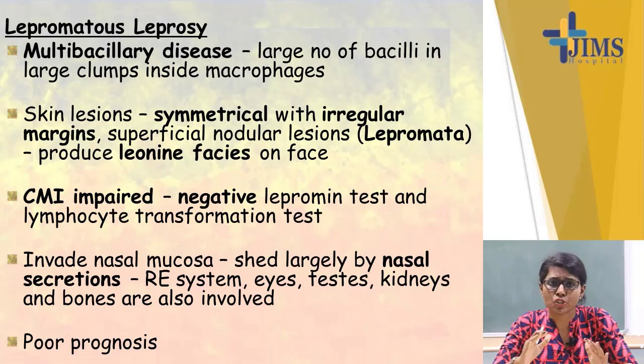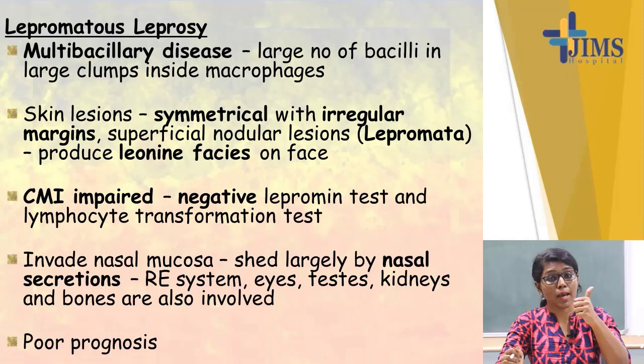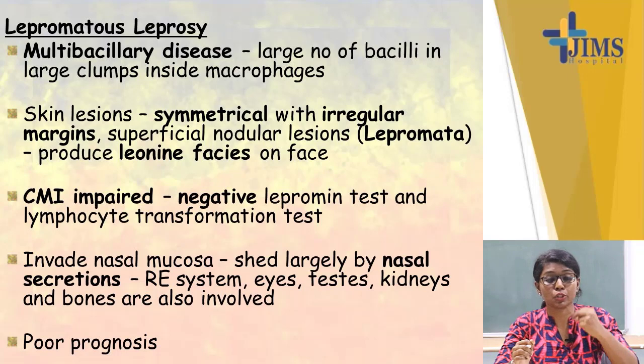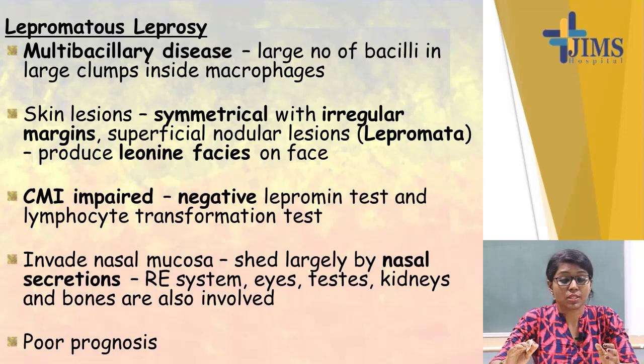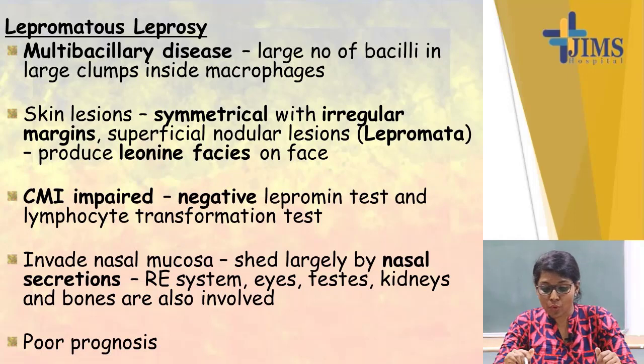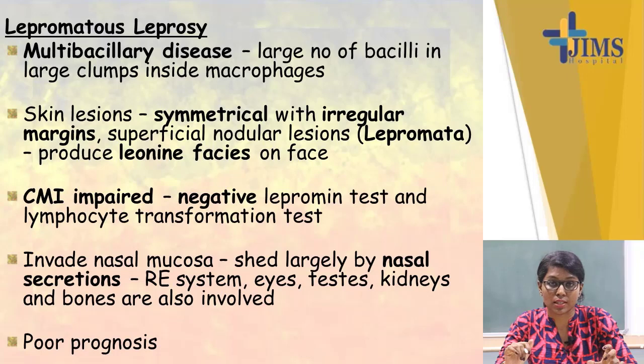Moreover, what is the characteristic feature of the skin lesions in this type? You will find them, number 1, symmetrical. Number 2, the margins are irregular. I'll show you in the figure. Moreover, there is a term named leonine facies. How it looks, we'll show you.